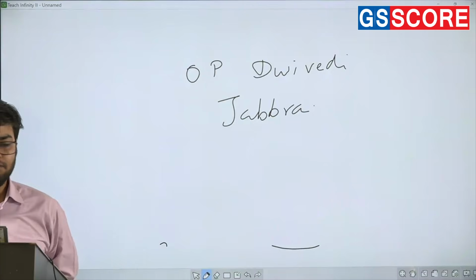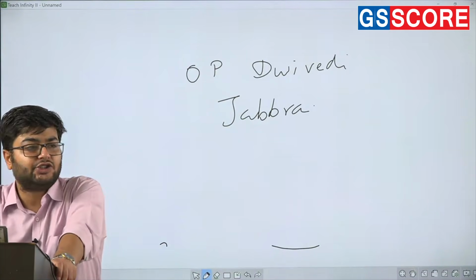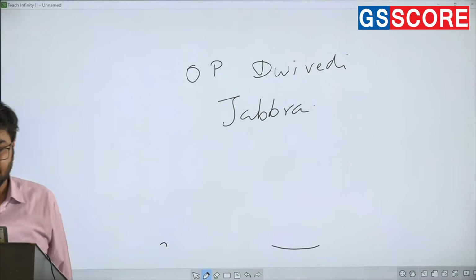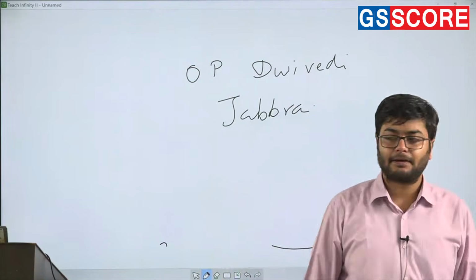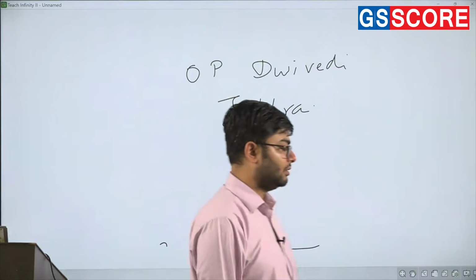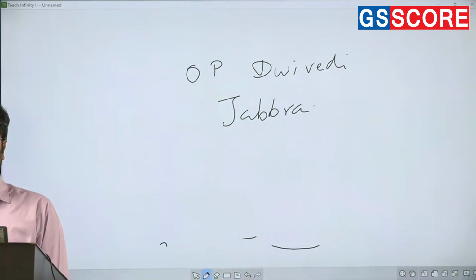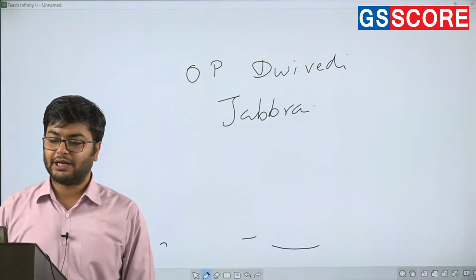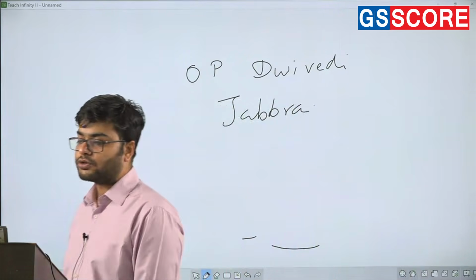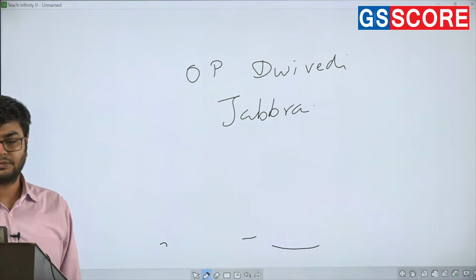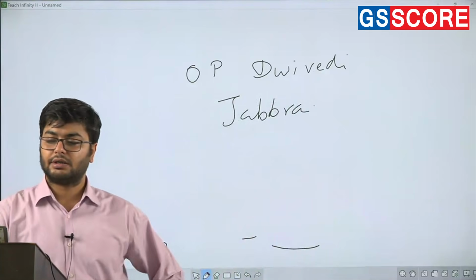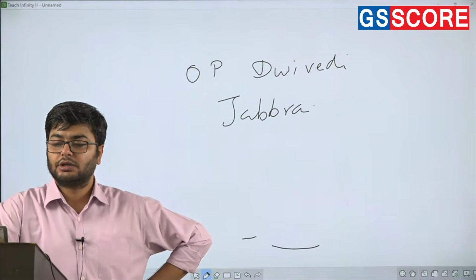Okay, so OP Dwivedi and Joseph G. Jabra, related to public service accountability, they say that methods by which a public agency or a public official fulfill its duties and obligations, and the process by which that agency or the public official is required to account for such actions.